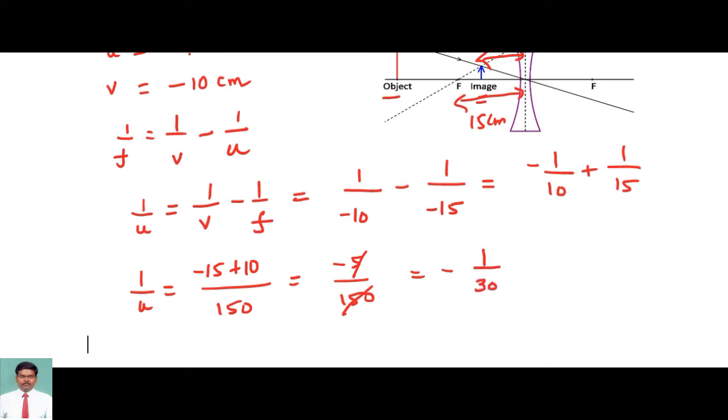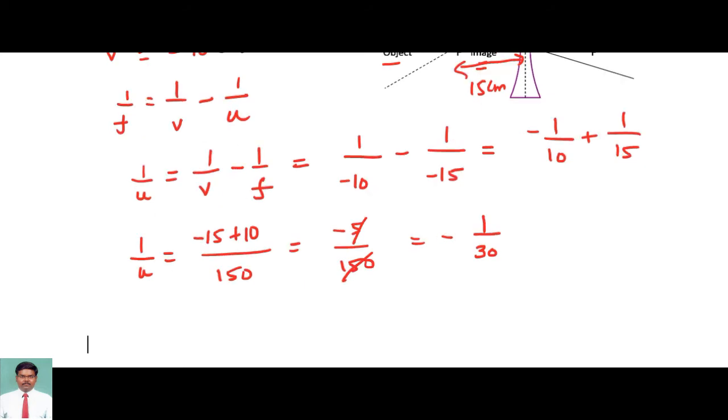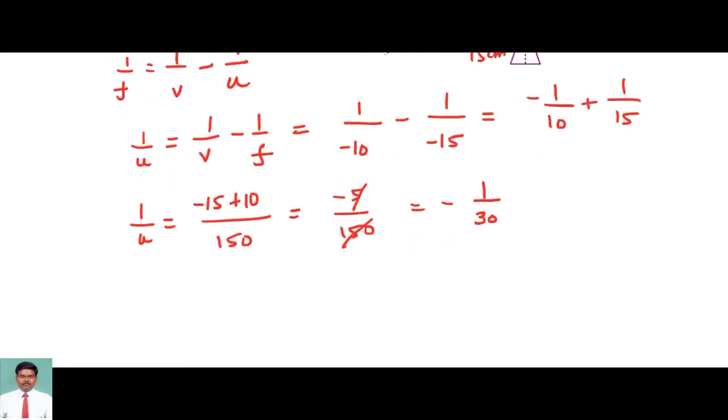So 1 by u is equal to minus 1 by 30. So the value of u is minus 30 centimeter.